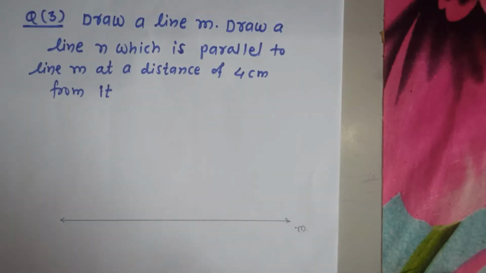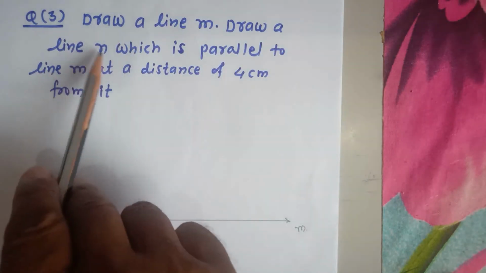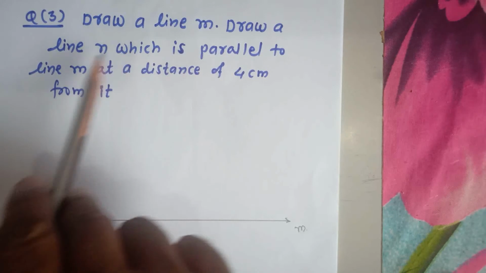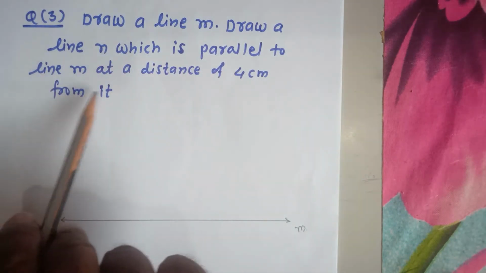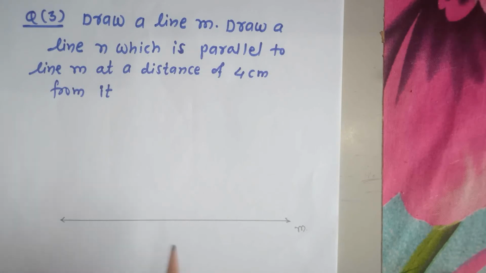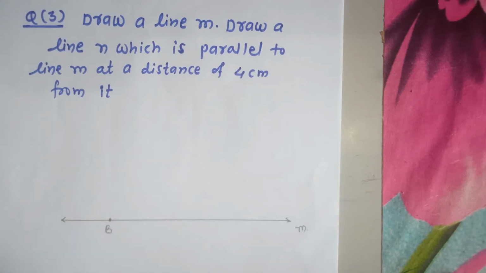Now question number 3. Draw a line M, draw a line N which is parallel to line M at a distance of 4 cm from it. At first draw line M. Take any point B on this line.